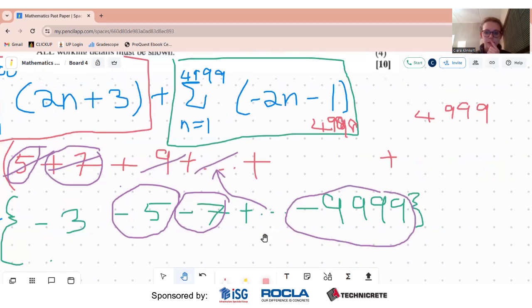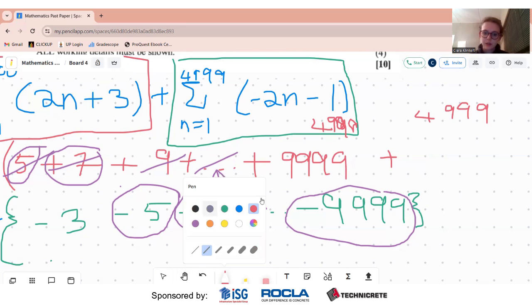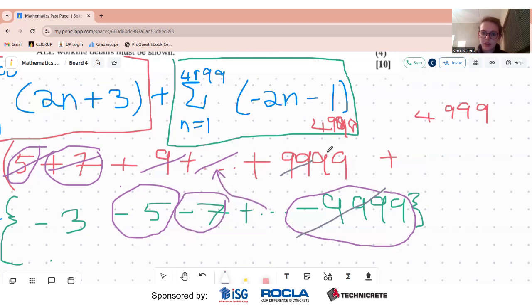I'm going to start with the 4,998th term. For that, I need to calculate 2 times 4,998 plus 3. 2 times 4,998 is 9,996, plus 3 gives me a value of 9,999. So I can see that this last term here will cancel out this term.